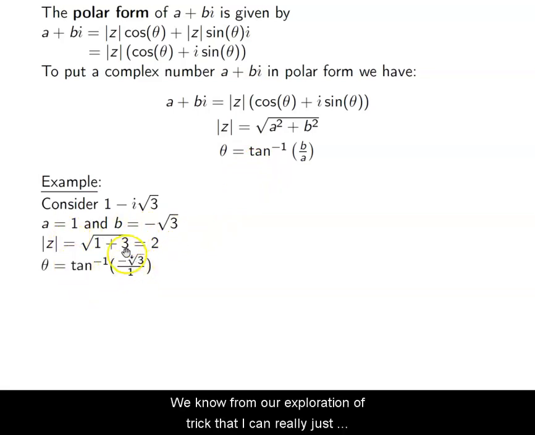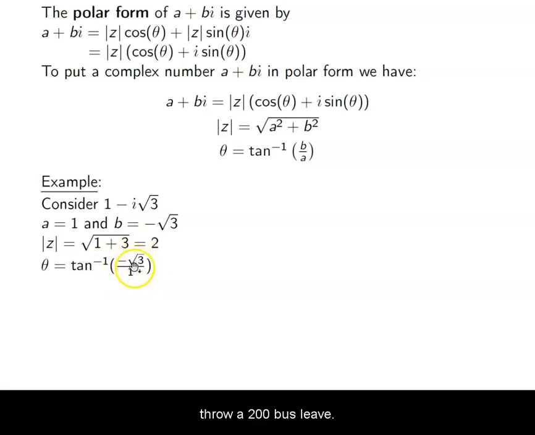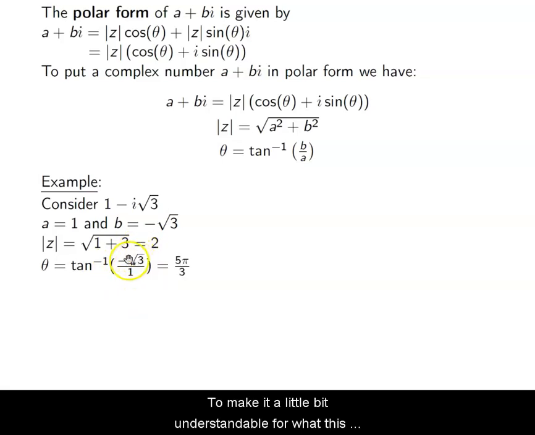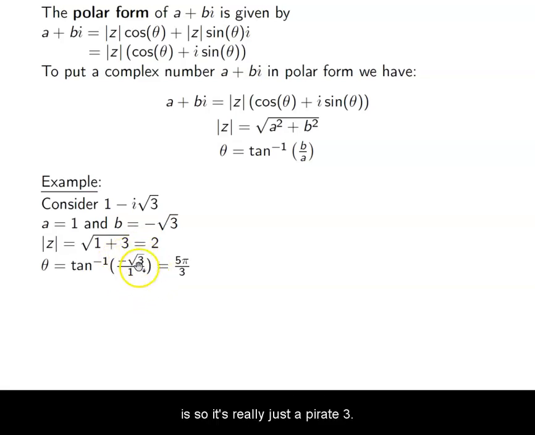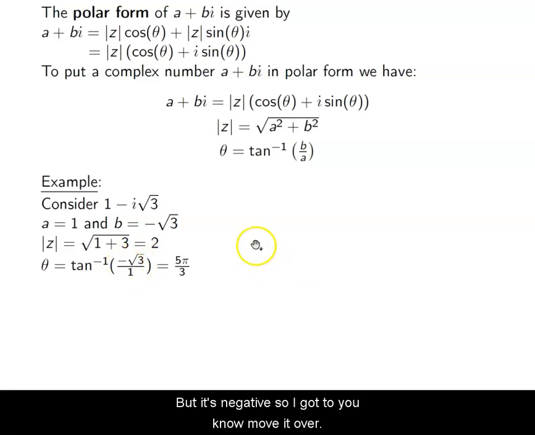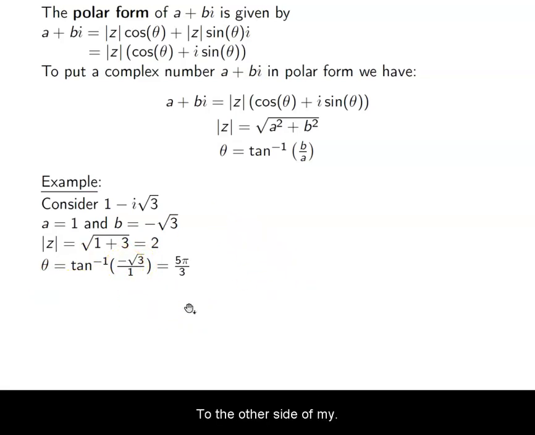And we know from our exploration of trig that it's really just pi over 3, but it's negative, so I have to move it over to the other side of my graph and find that it's 5 pi over 3. It's a negative tangent.